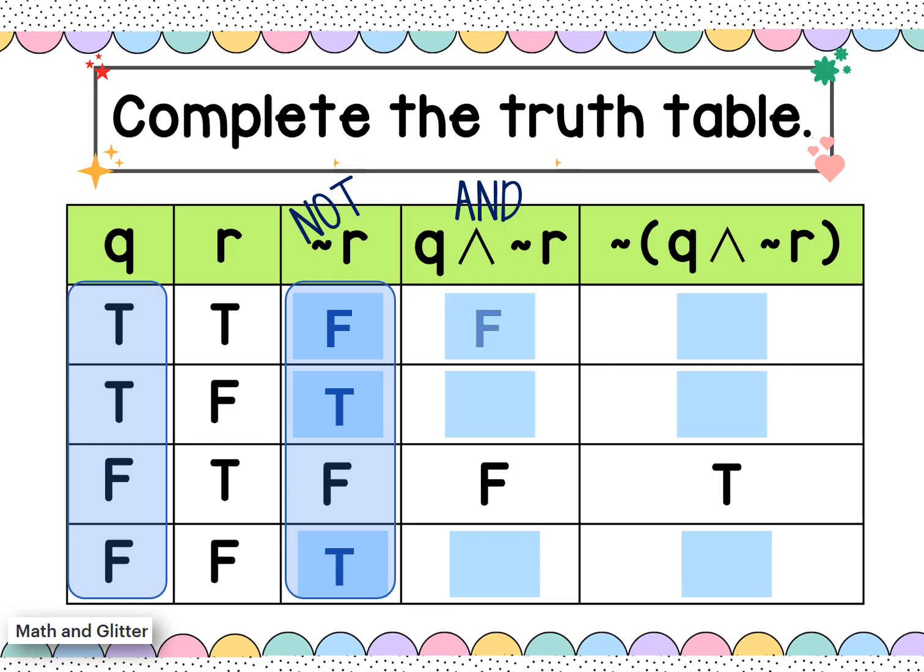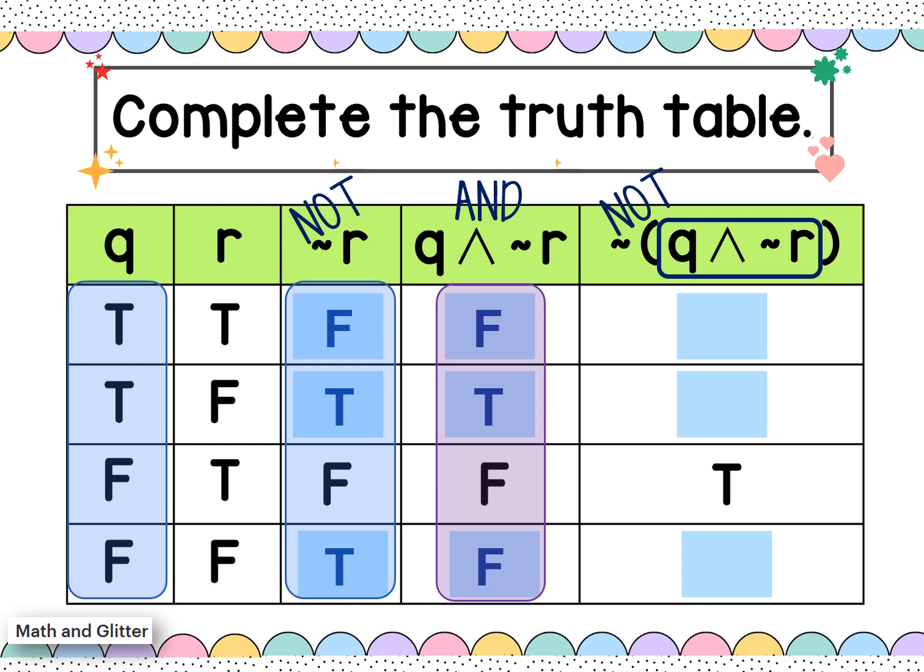So the first row is going to be false, then we'll get a true. They already have a false, and the last one's false. We are taking that whole thing and negating it. So we're using the pink column right there, and we're flipping the switch. If it's true, it becomes false. If it's false, it becomes true. So we're going to have true, false, already have a true, and there's another true.